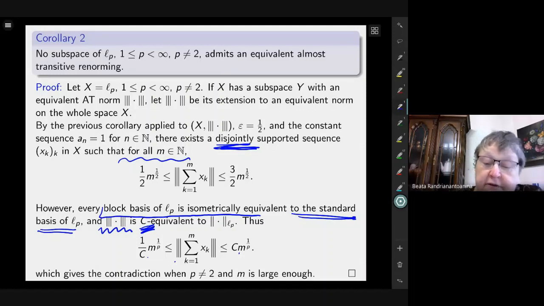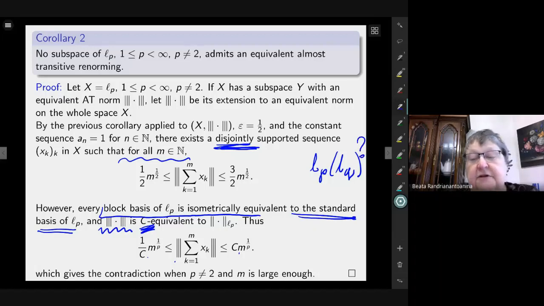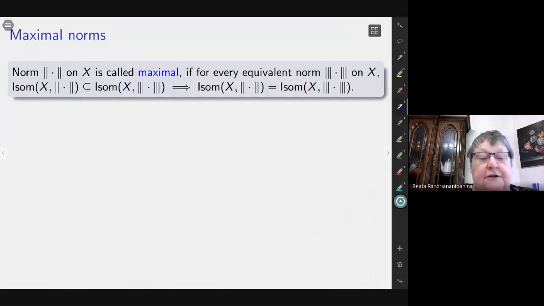In particular, what I want to mention right now is that we still don't know, if I take the space L^p of L^q, the vector valued one, whether it admits an almost transitive norm or not. We don't know it. And if I take L^p plus L^q, we still don't know it. There are still very many open questions.